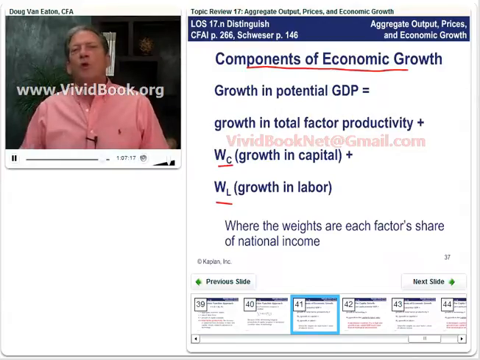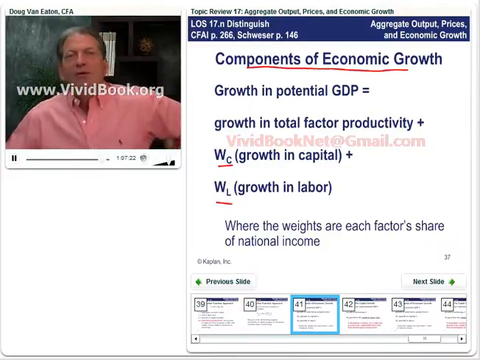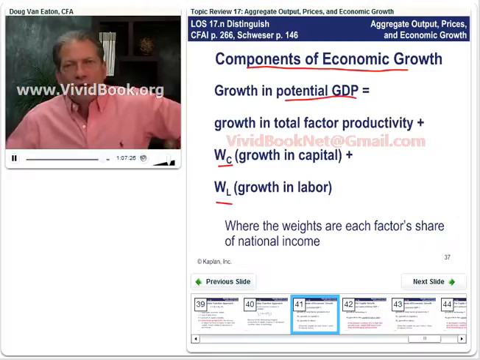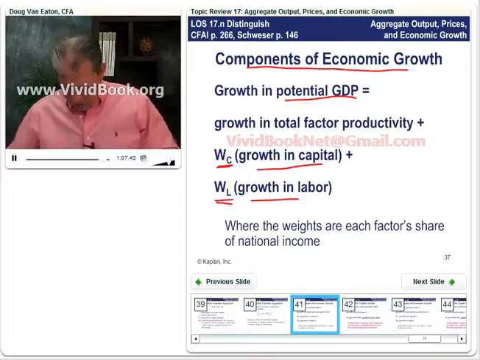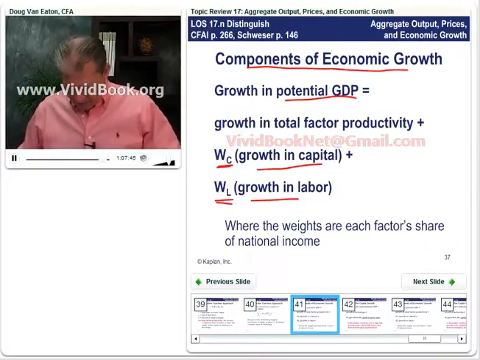So those are the weights, the percentage of national income that capital and labor are getting. So the growth in this long-run aggregate supply curve, this growth in potential GDP: take the factor share of capital and multiply it by the growth in capital. Take the factor share in labor and multiply it by the growth in labor.